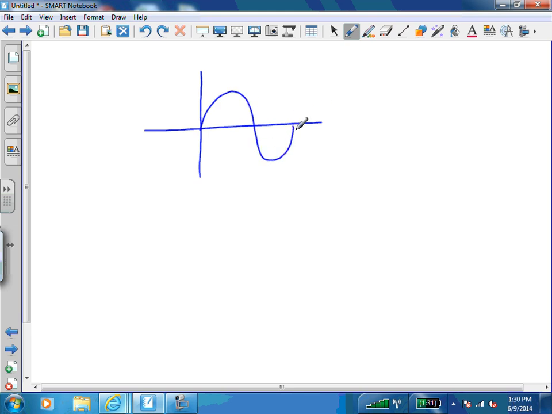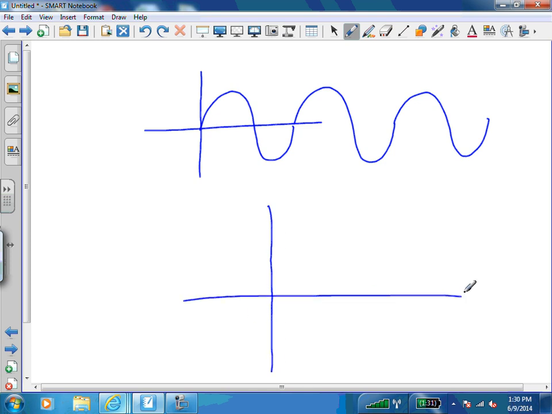That's the first period of it, but it goes on forever in both directions. So if we were to flip x and y, then our sine wave, instead of going down the x-axis, would go down the y-axis. And is this a function? No, that's not a function.